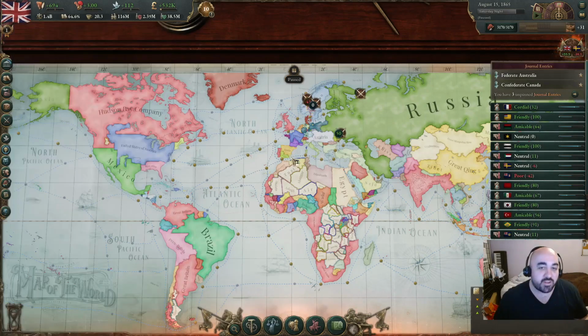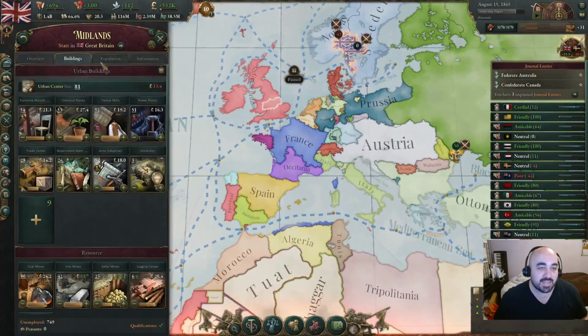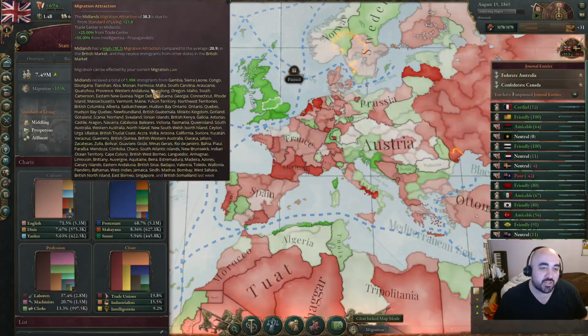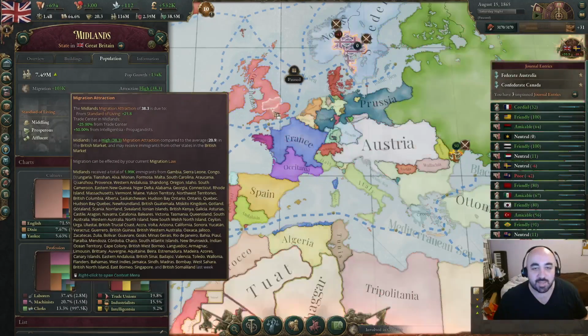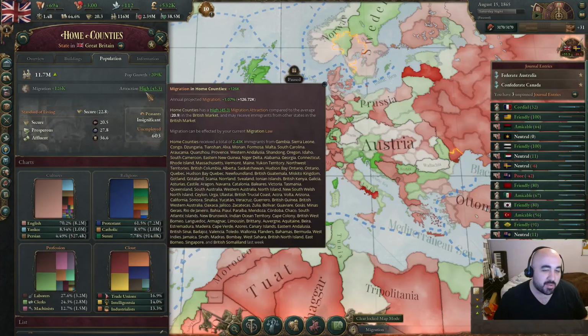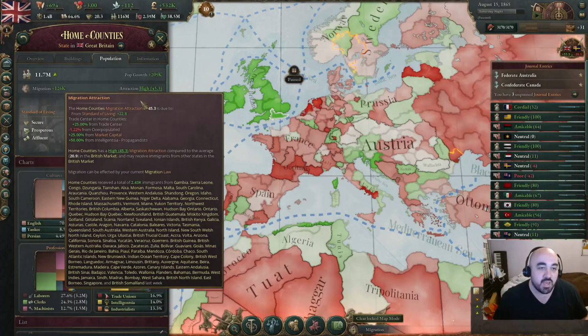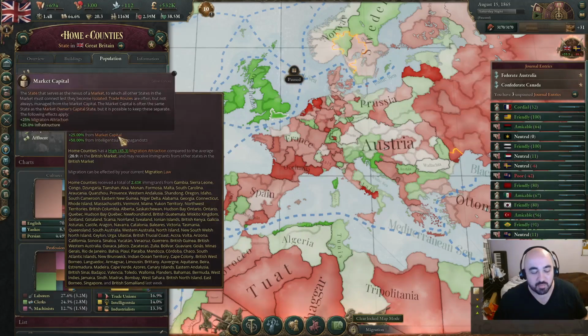Then expand your incorporated territories as needed to make sure you're ditching the malus on population attraction, except in the capital, which is probably worth just attracting to anyways. You notice we have the market capital here, and this also has a trade center. This overpopulation modifier has to be more than 25% for it to be exceeding the market capital, to be at equilibrium above the market capital.